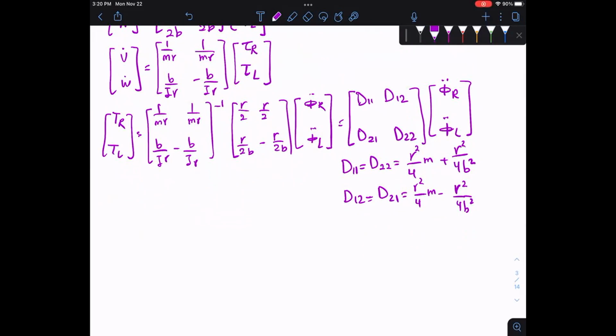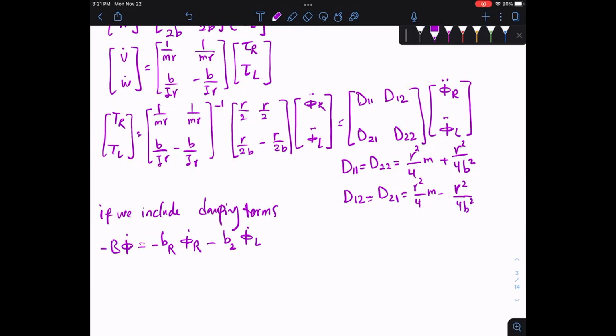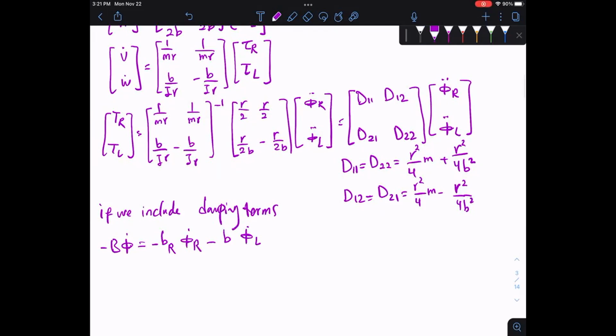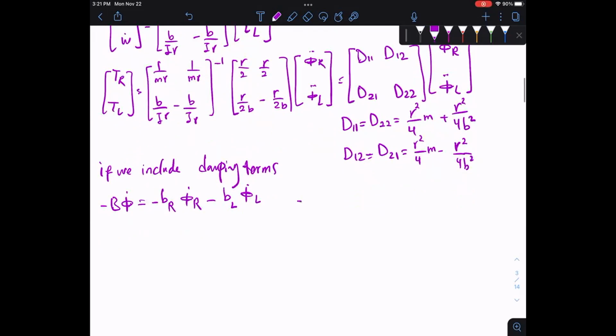Now, if you have damping, you have the suspension and you want to bring those in. So if we include damping terms, then we get negative B dot, which is, so B is our matrix, B R of the right wheel theta dot R, and then minus B2 of the left wheel theta dot L. I can actually write here L. So what do your dynamics become?